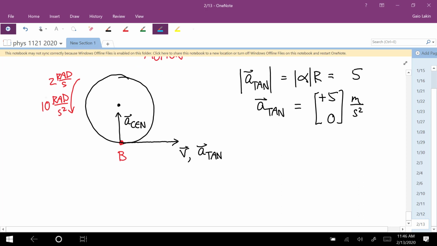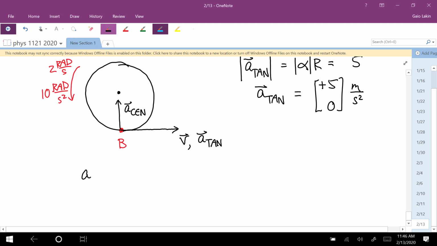The centripetal acceleration magnitude is omega squared times r.